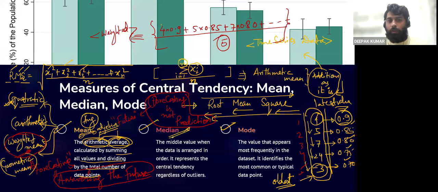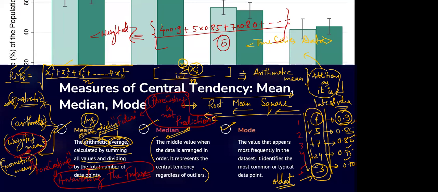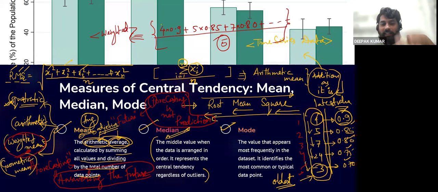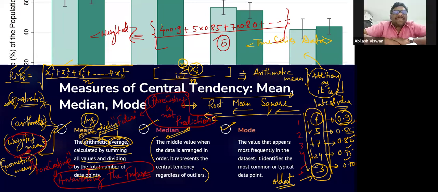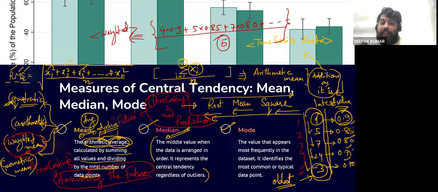When do we take median? Hope you remember. Whenever outliers are available in the system. Whenever outliers are there, do not take mean. It will skew the data. It will shift the data to one side, towards the outlier. Like, if you are living in an apartment and Elon Musk buys one of the apartments in your building, then the average income of all the people in the building will be shifted towards Elon Musk, and that is a fake thing.